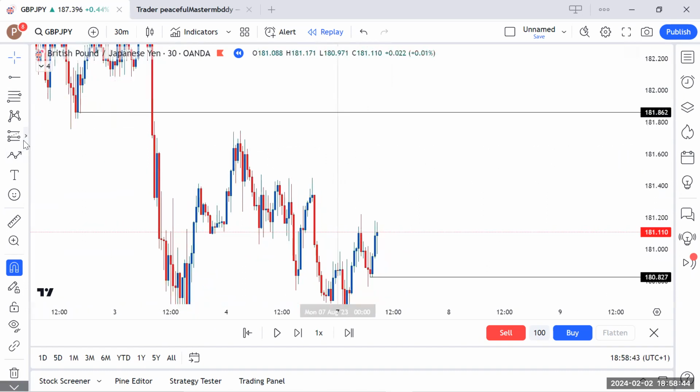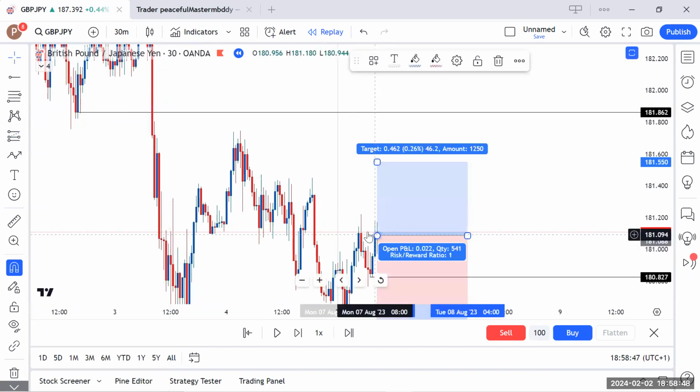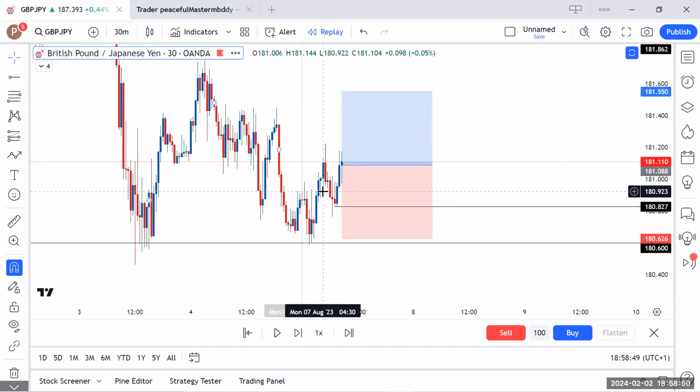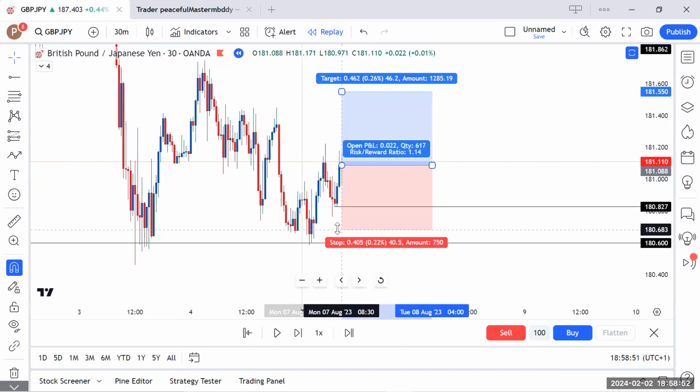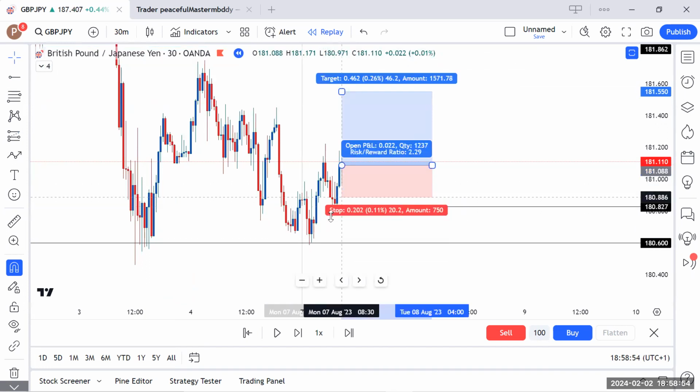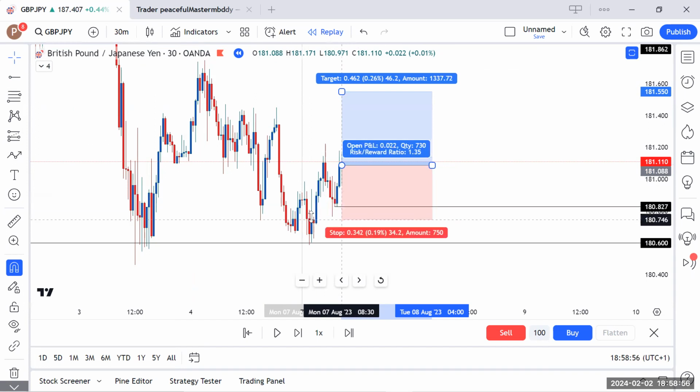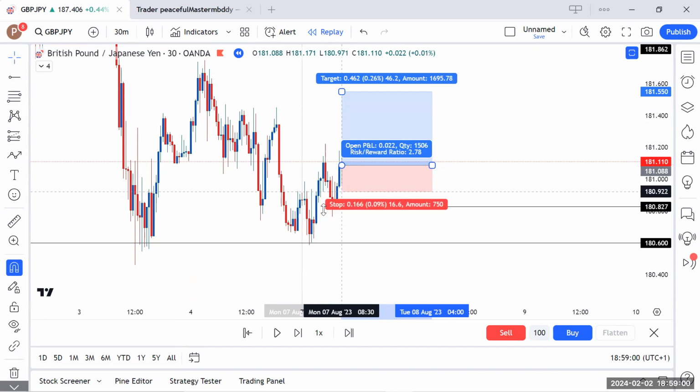So now let's put our entry. We'll put our entry at the spinning top candle. Put our stops at the previous low.